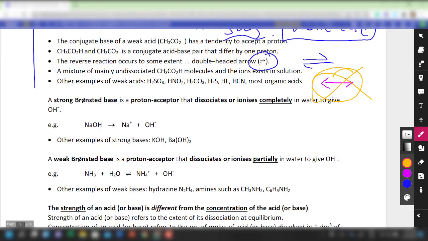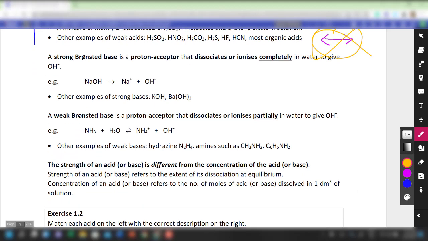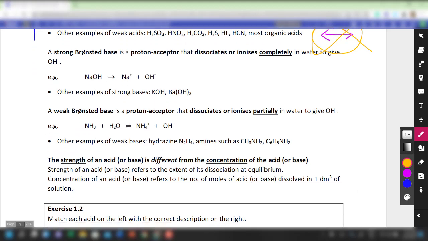Moving on, a strong Bronsted base will ionize completely as well. Strong Bronsted bases tend to be ionic compounds, like solid sodium hydroxide or potassium hydroxide. When you dissolve them in water, they do not exist as the solid anymore, so you are just going to get a solution full of sodium ions and OH minus.